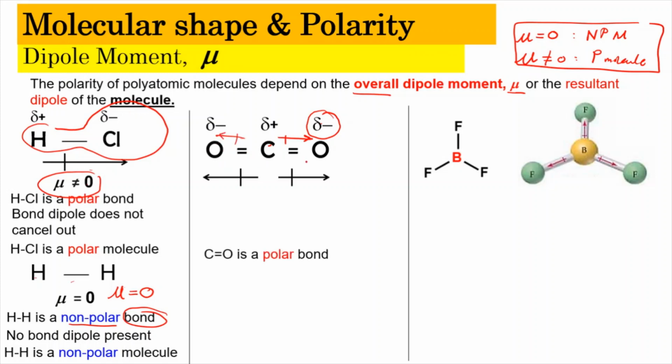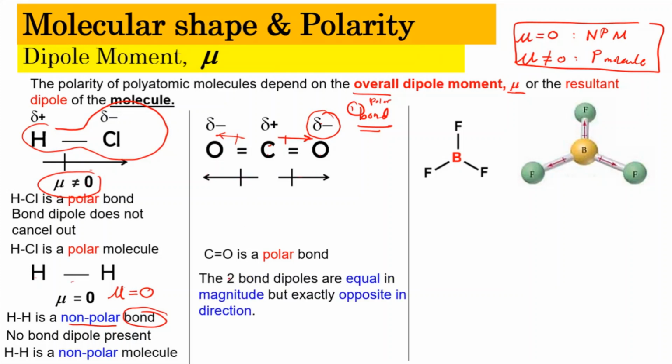Okay, and as I mentioned, we need to look into the bond first. So we know that the bonds between carbon and oxygen are polar bonds, no doubt about it. However, the two bond dipoles are equal in magnitude. So on the right-hand side we have 10 Newton, for example, and on the left-hand side we have another 10 Newton.